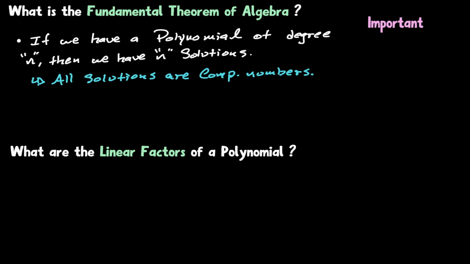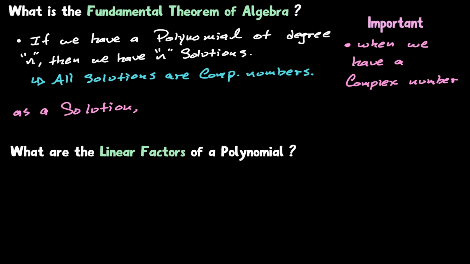Before we move on to linear factors, I do want to mention a very important fact about complex numbers as solutions. When we have a complex number as a solution, the complex conjugate is also a solution.